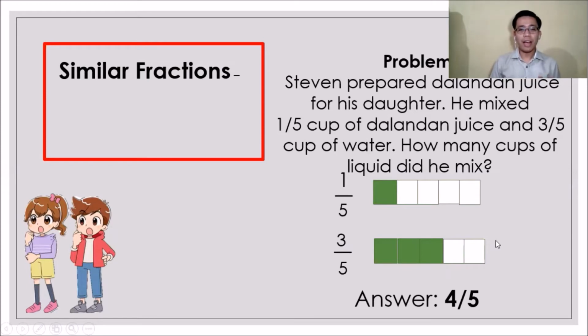Paano natin na-solve yung 1/5 or 3/5? 1 plus 3, we are going to add the numerators. 1 plus 3 equals 4. And we just copy the denominator. Or let's count. So 1, 2, 3, 4. So our numerator will be 4 and the denominator will be 5. So very simple, di ba guys? Similar fractions, to solve is like that.